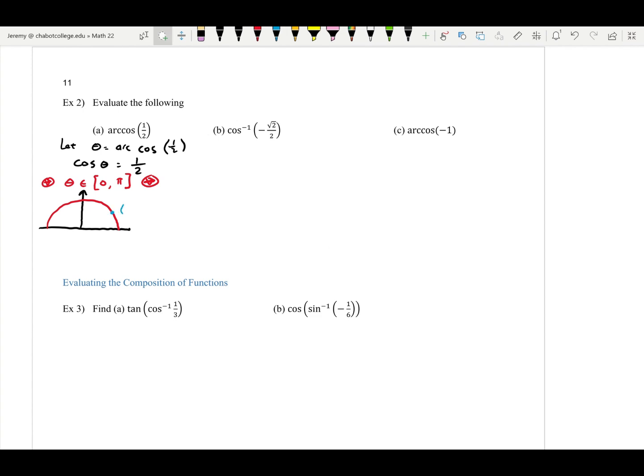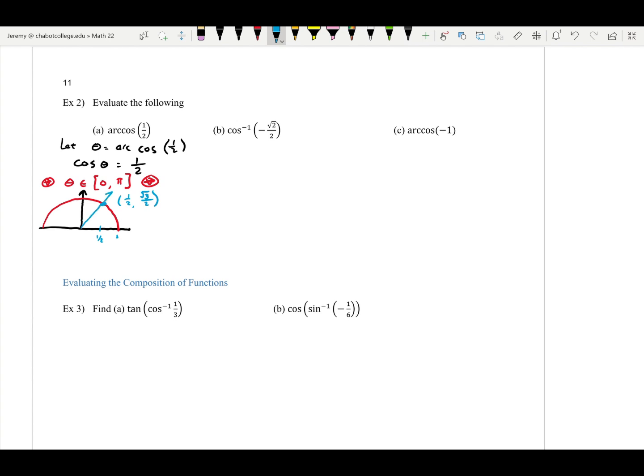The x-coordinate, whoops, sorry, I drew that a little too far over. So right about here, right, there's 1/2. Remember, this is 1 because this is the unit circle. So the x-coordinate is 1/2. And the y-coordinate is √3 over 2. Okay, and I know that just from memory.